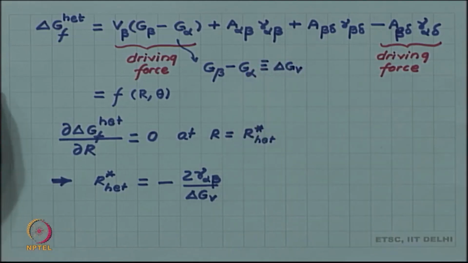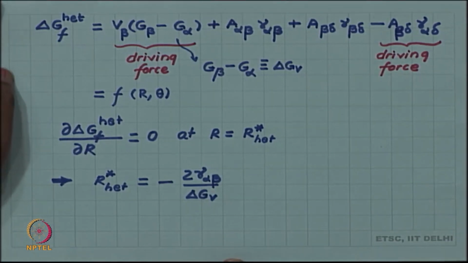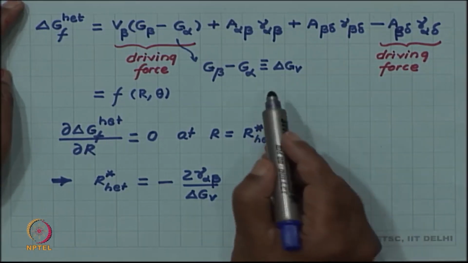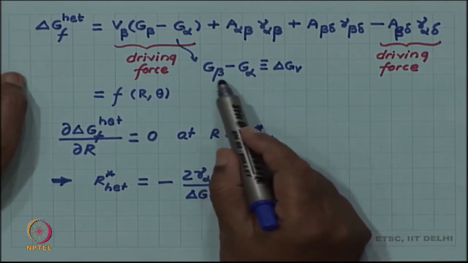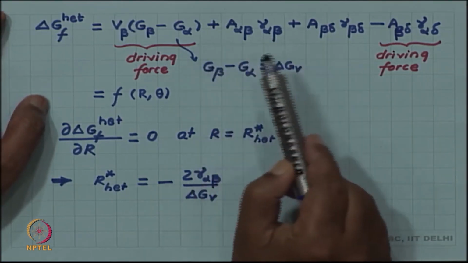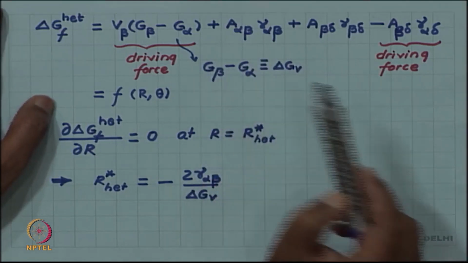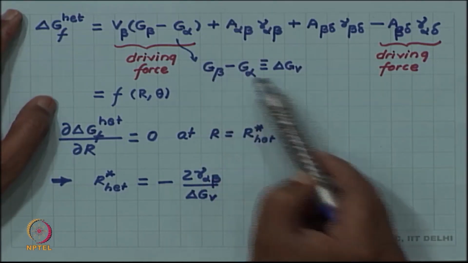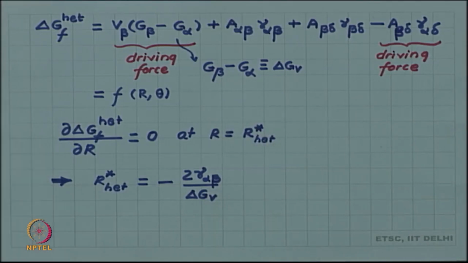It is the change in volumetric free energy, the change in free energy per unit volume when the transformation happens from alpha to beta. So, final minus initial, that is delta G V.